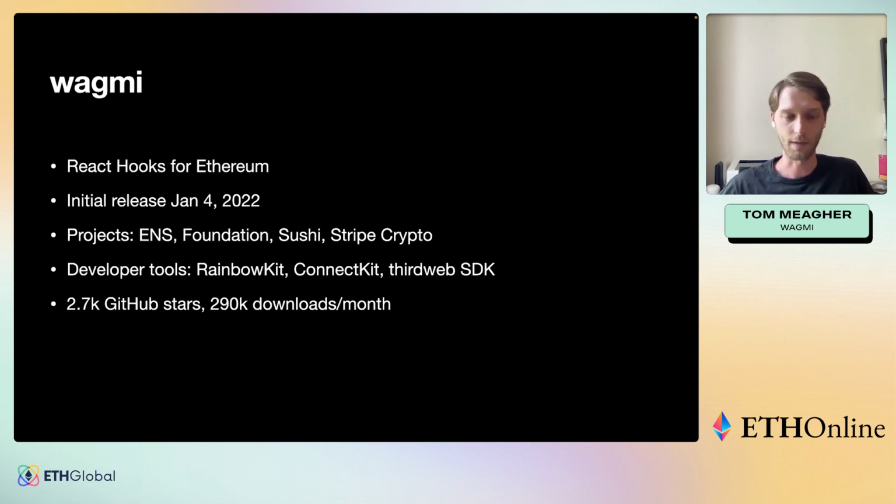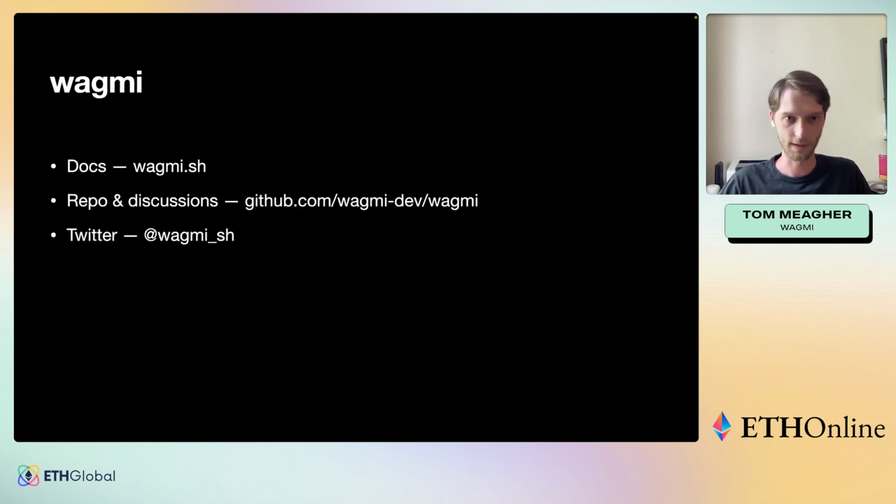Wagmi itself is great, but what these folks have done is take the library and add their own twist and abstraction on top of it to make it really easy to connect a wallet, deploy and interact with smart contracts, and similar things. So you should definitely check those out if you're not familiar. It's grown a lot, with quite a few GitHub stars and downloads per month now, and hopefully we'll keep growing as we add more stuff that people are excited to use.